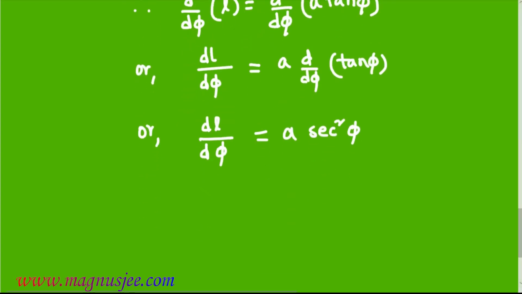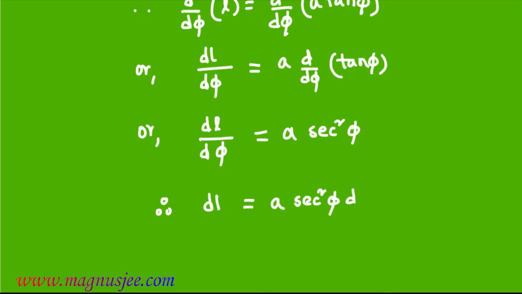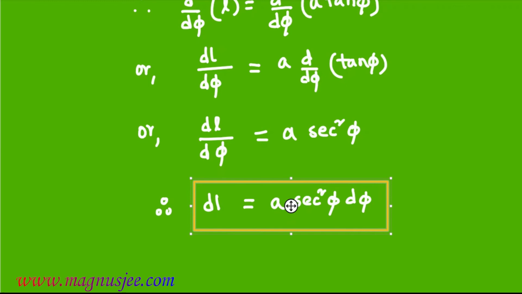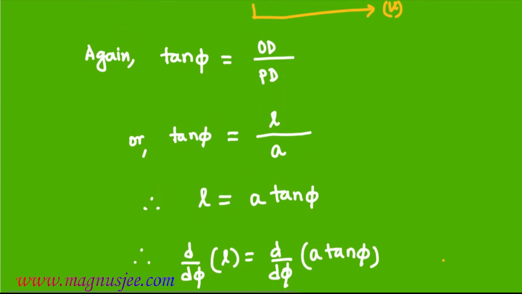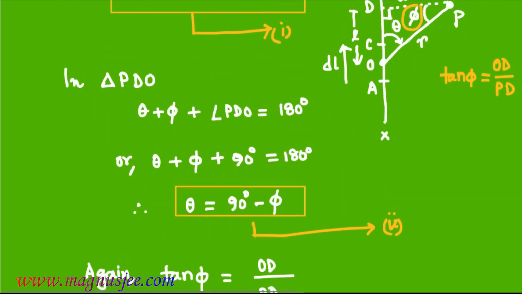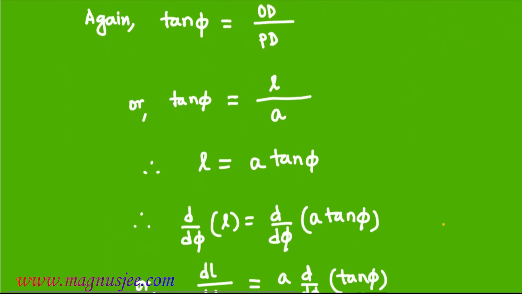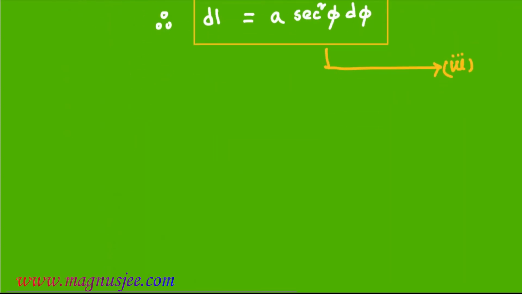Therefore dl equals A sec square φ dφ. Equation 3: dl equal A sec square φ dφ.